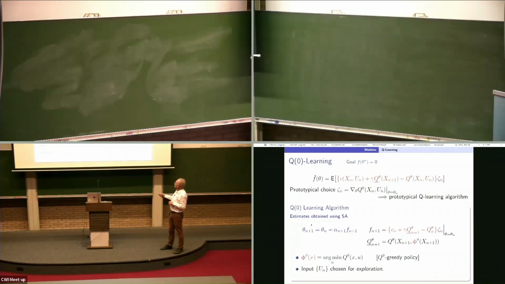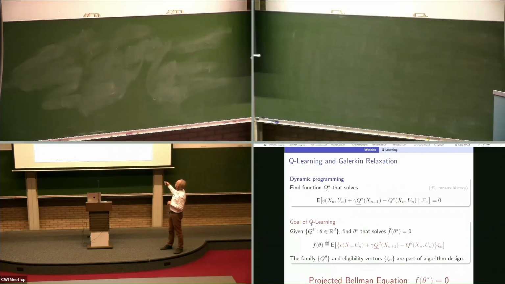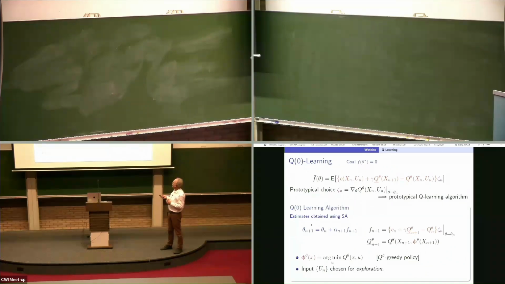Now, the inputs chosen for exploration. I forgot to say that. What's so cool is that this holds for any input as long as it's non-anticipative. U_n may be a randomized function of the states up to time n, and then this equation holds. So I have a choice of what inputs to use for training. In almost all of the analysis, the input is chosen IID, independent and identically distributed, completely independent of the parameters.